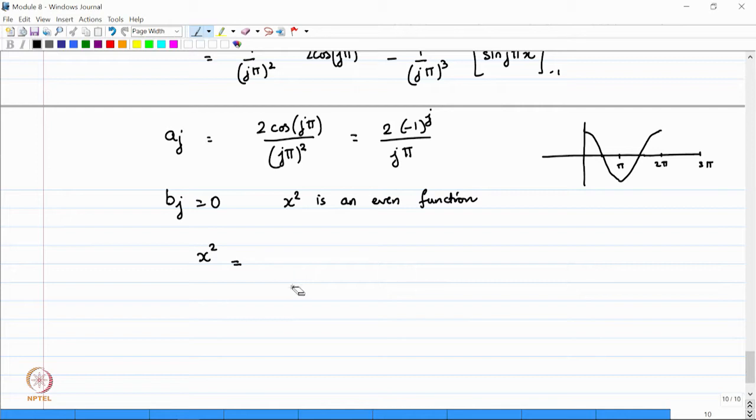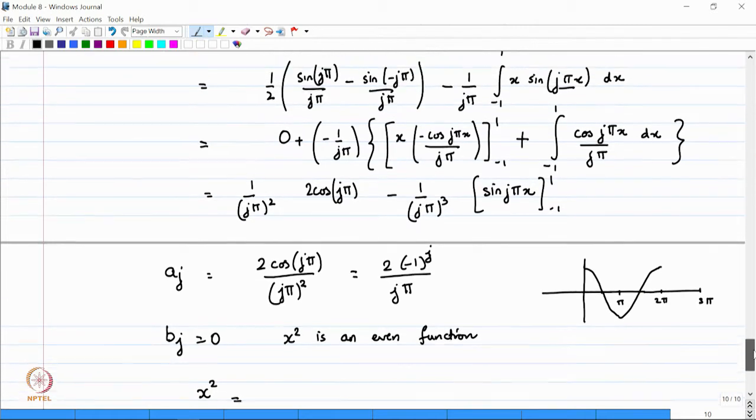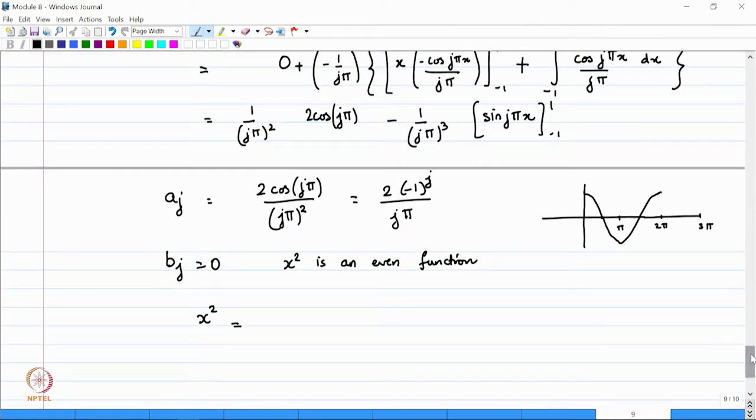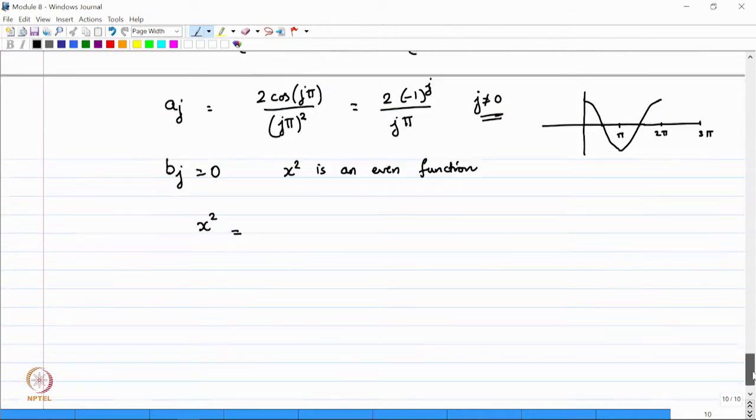So, a 0, if you put j equal to 0, then you get minus 1 raised to 0, that is 1. In this case, you cannot do this for j equal to 0. So, this is true for j not equal to 0.